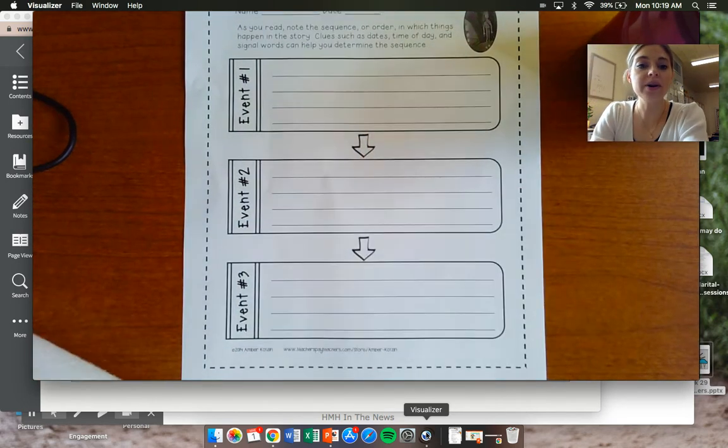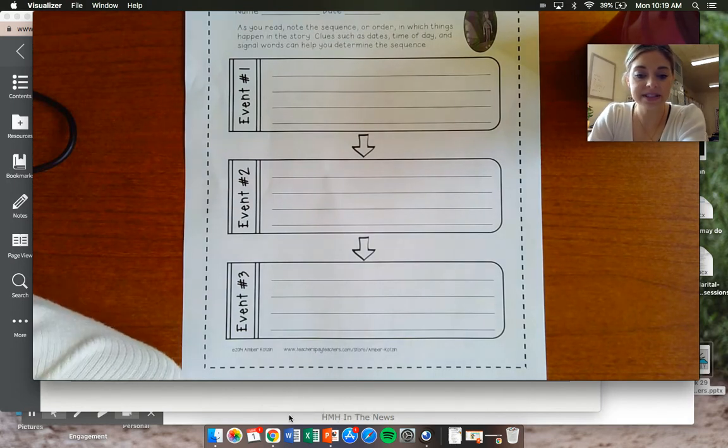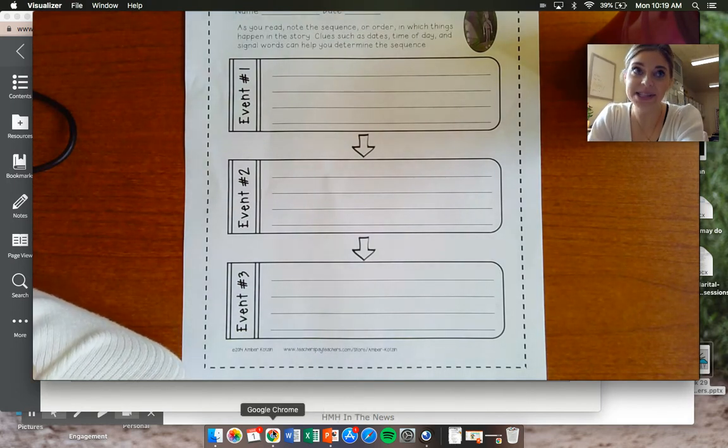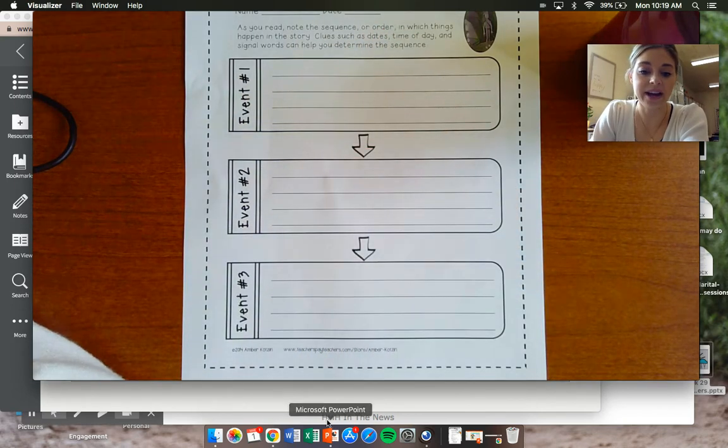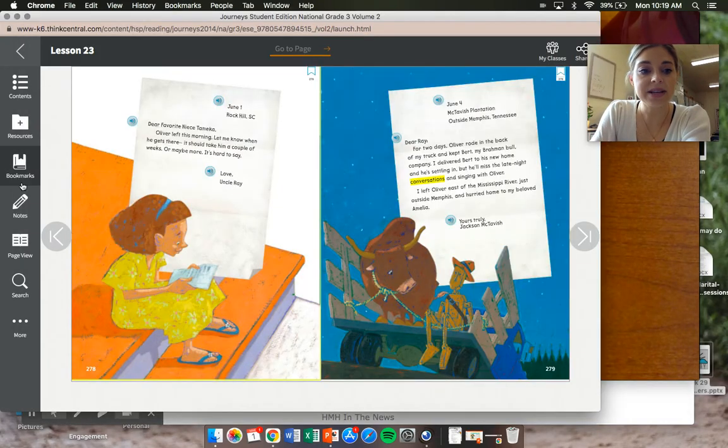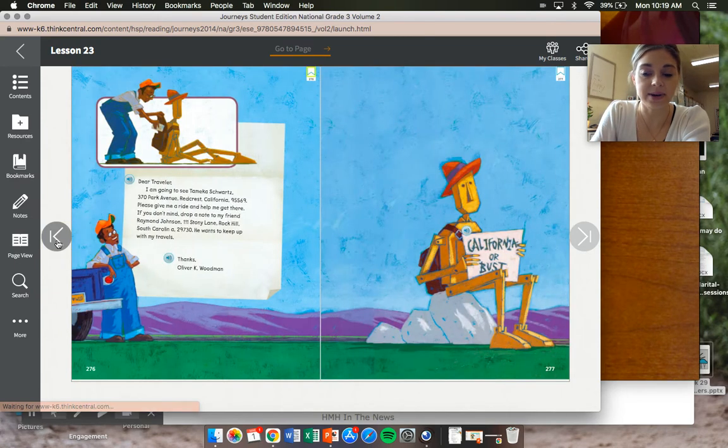We're going to read some of this story. Obviously, we can't sequence the whole story because there are way more than 3 events in the story of Oliver K. Woodman, right? He goes on to a lot of different states with a lot of different people. But we can do some sequencing, and we're going to start at the beginning of the story.